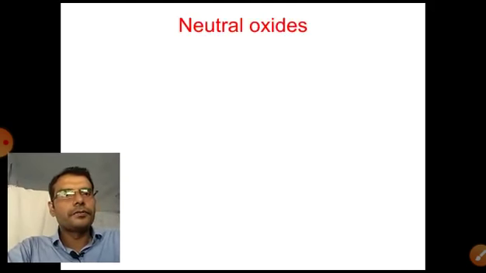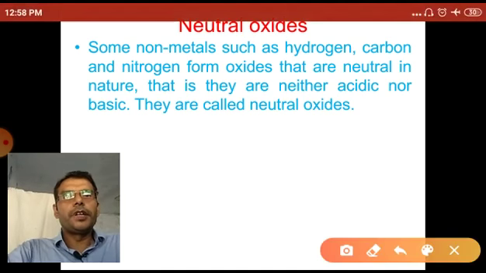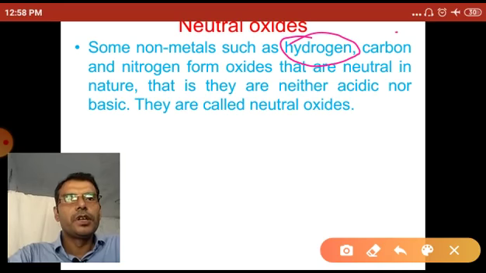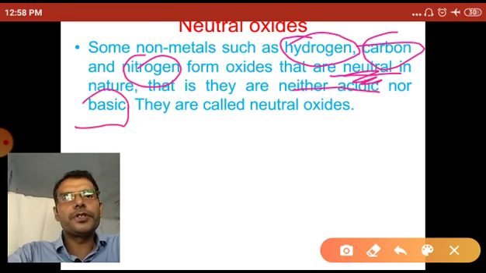Now the next one, neutral oxides. Some non-metallic elements such as hydrogen, carbon and nitrogen form oxides which are neutral in nature, because they neither react with acid nor react with base.